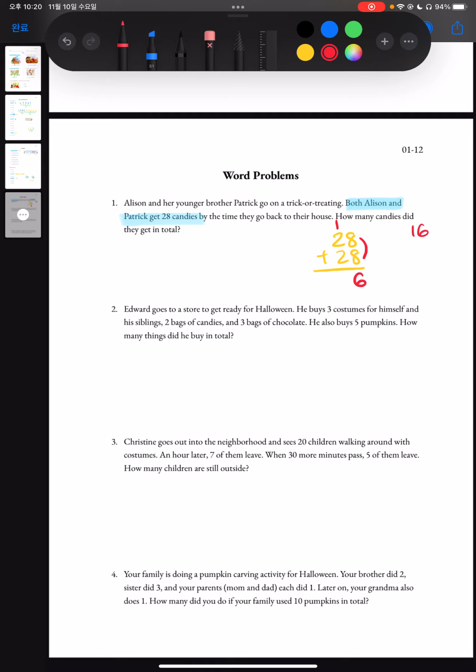And after this, we'll add 1, 2, and 2. So 1 plus 2 plus 2. 1 plus 2 is equal to 3, and 3 plus 2 is equal to 5. So we'll have 56. So the answer for number 1 will be 56 candies in total.